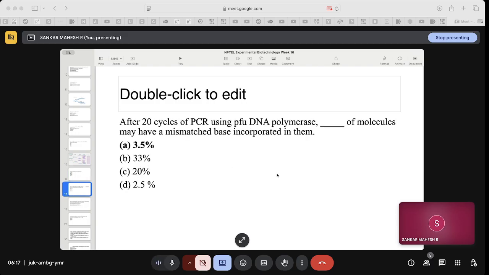The next question is, after 20 cycles of PCR using Pfu DNA polymerase, dash number of molecules may have mismatched base incorporated in them. Here again, two options are definitely incorrect. First you can tell me what these two definitely incorrect options are. Then we can go to the right option.